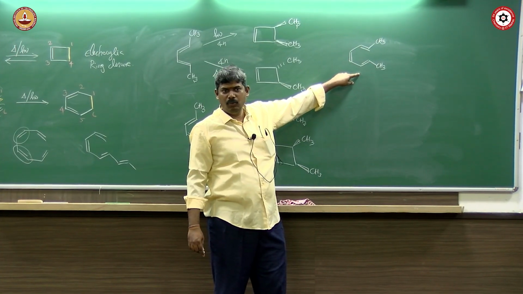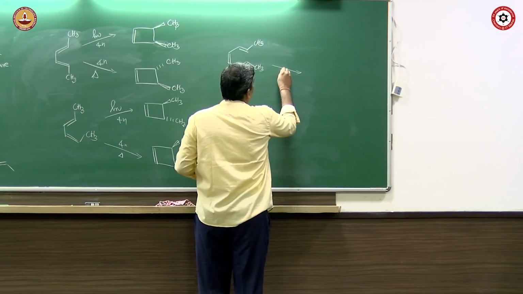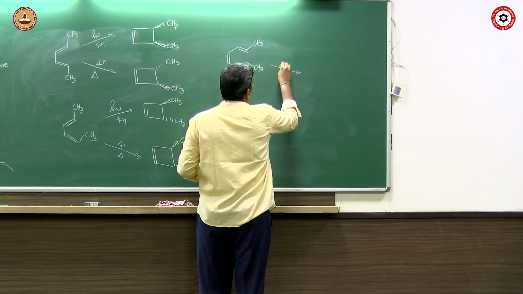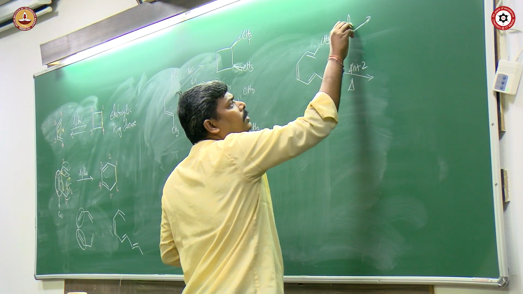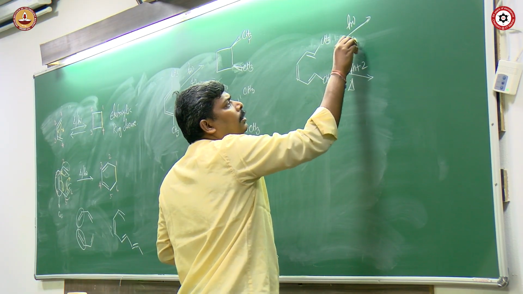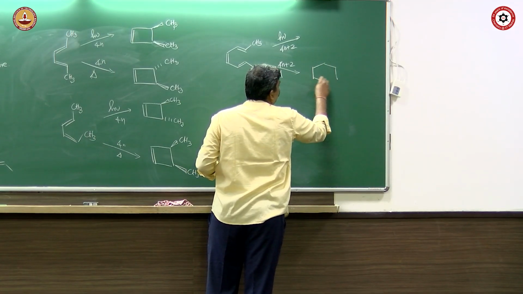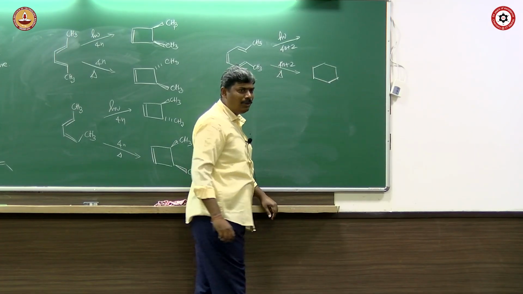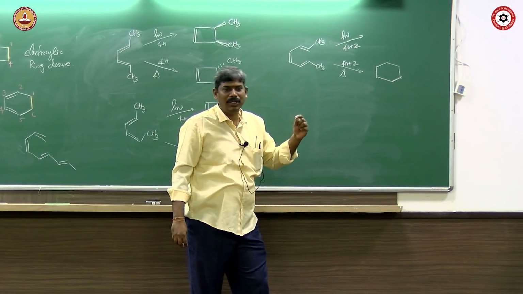Okay, so n is 1. So in this case, when you heat, it is a 4n plus 2 as we said, or when you shine a light, you are going to have a product. I am not drawing an arrow here, expecting that you will be able to push the arrow and get the product. Now I am worried about the stereochemistry of it.